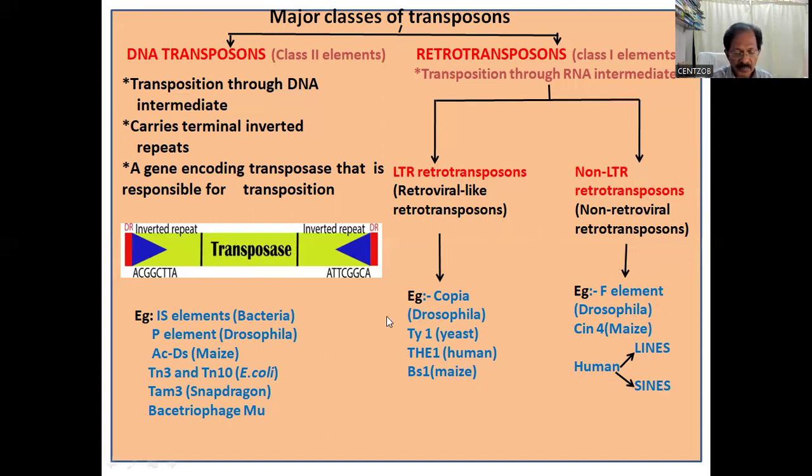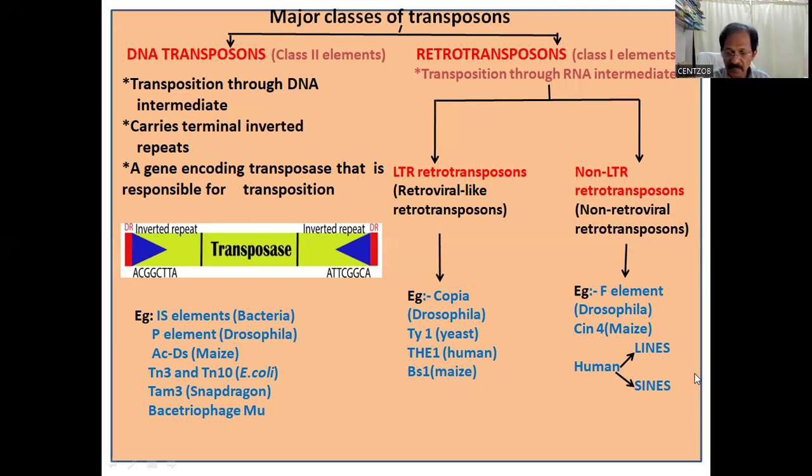Here also the examples are very, very important. The examples: Copia in Drosophila, Ty1 in yeast, THE1 in human, Bs1 in maize. Similarly, in the non-LTR retrotransposons, examples: F element in Drosophila, Cin4 in maize.